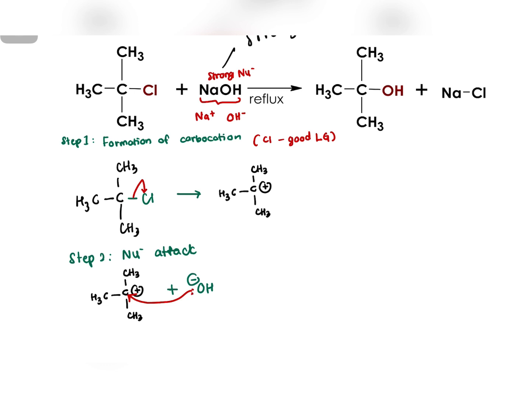Okay, so you can get your product, which is alcohol, tertiary alcohol, directly bahagian carbon bond to OH. So this is your alcohol, and you will get your side product, which is NaCl. So Na plus ion tadi dia combine dengan Cl minus ion yang kamu form dekat step 1. Okay, so make sure you write the side product.